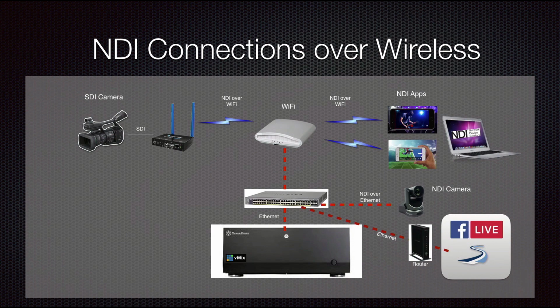Now, when we think of wireless, the reason I call it wireless is because a lot of people just say, oh, wireless, that means Wi-Fi. Well, actually it doesn't. There are lots of other wireless systems out there. In this case, what I've got here is a point-to-point link. This is a Cambium wireless system, and it is a high-capacity point-to-point link.